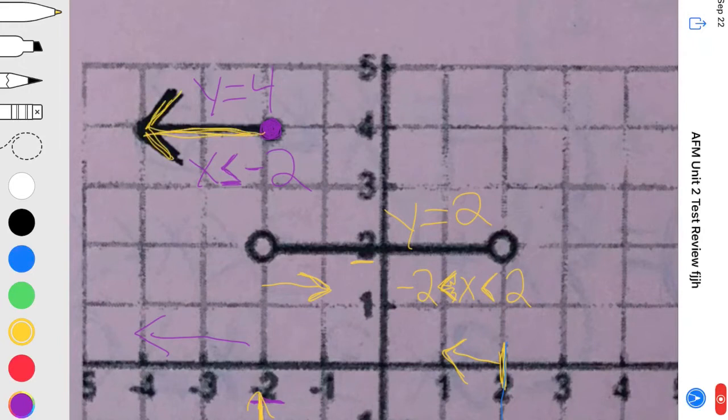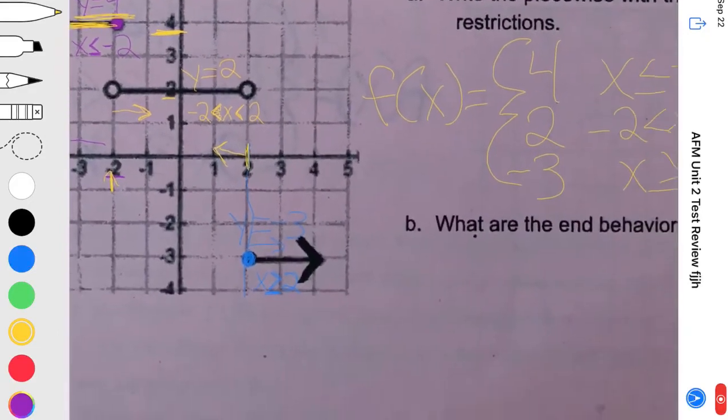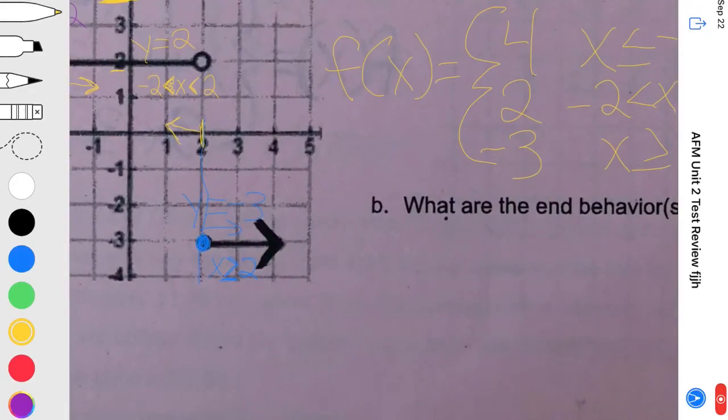As we move to the left, as our x values go to -infinity, our y values are going to 4. It's staying at 4.